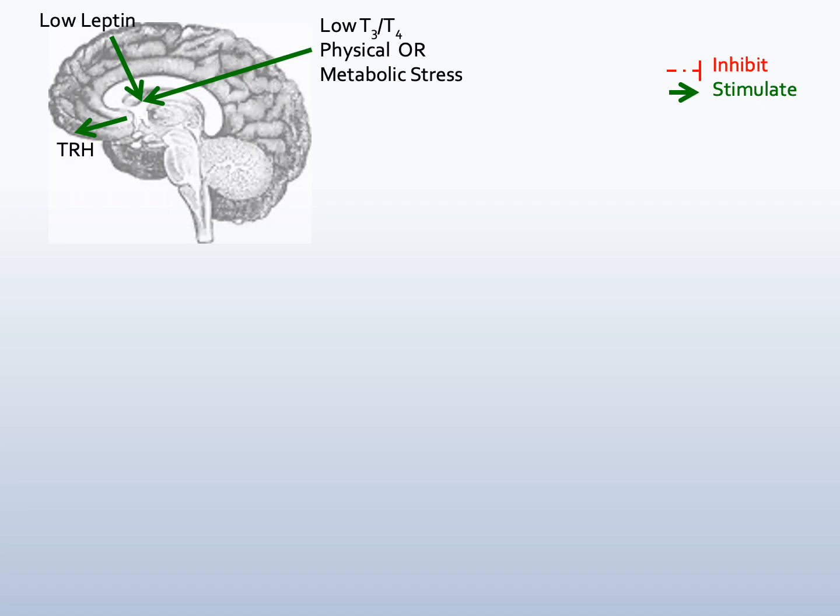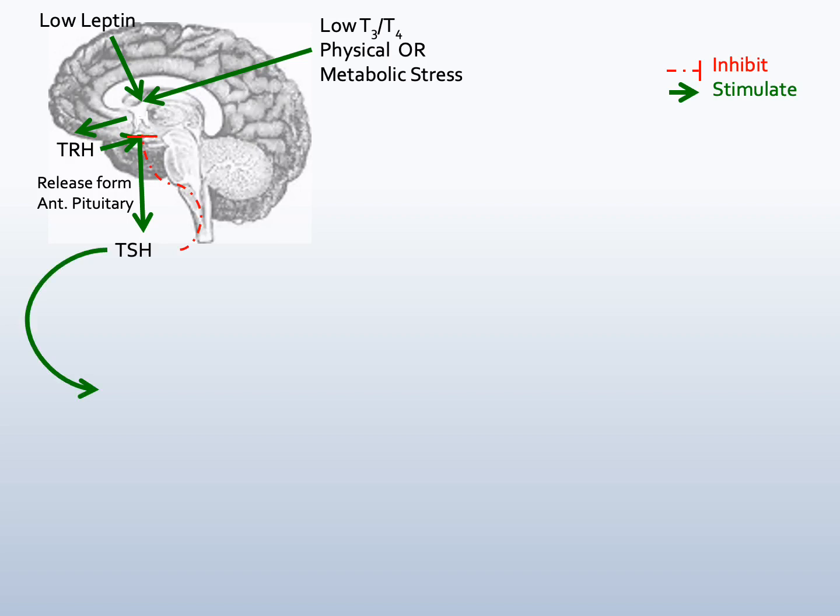A secondary signal that's going to come into play is physical and metabolic stress. The physical and metabolic stress combined with low levels of leptin is going to increase metabolic rates independent of any change of the thyroid hormones. We're going to stimulate thyroid releasing hormone from the hypothalamus, which is going to stimulate thyroid stimulating hormone to be released from the pituitary.